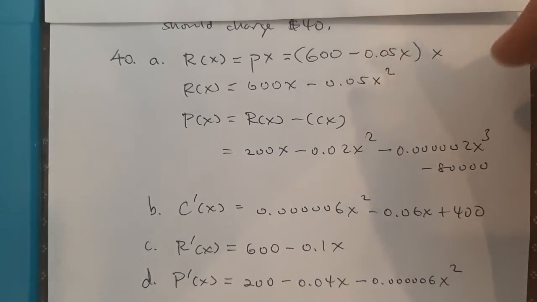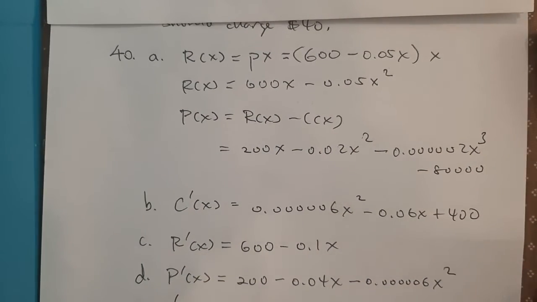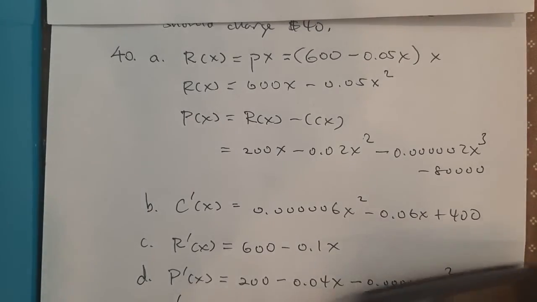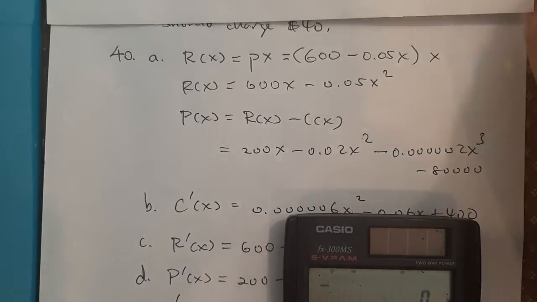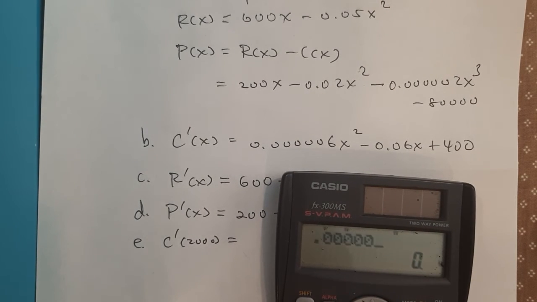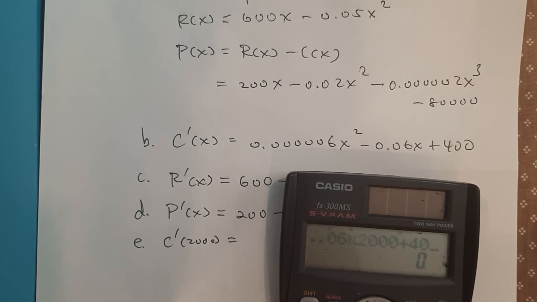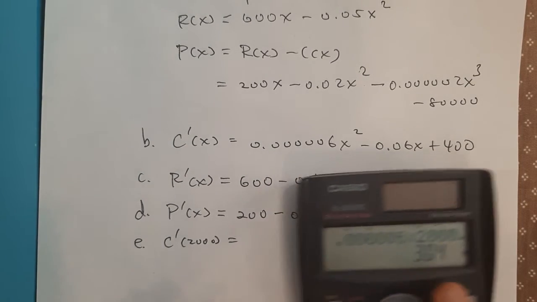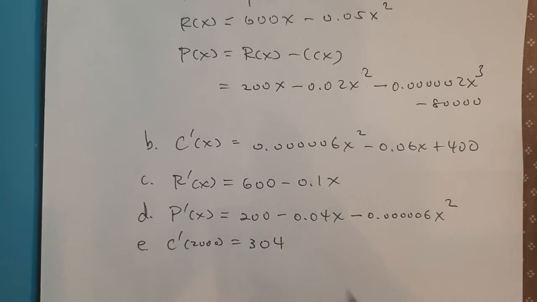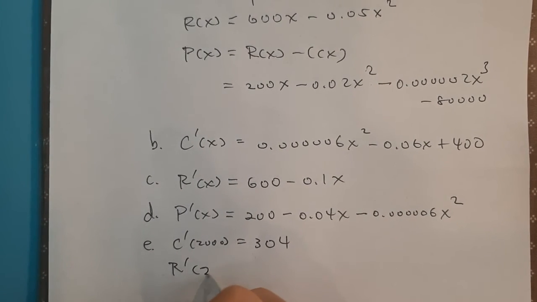So C prime of 2000, so we just plug into the calculator: minus 0.06 times 2000 plus 400. Here we got 304. And then R prime of 2000.